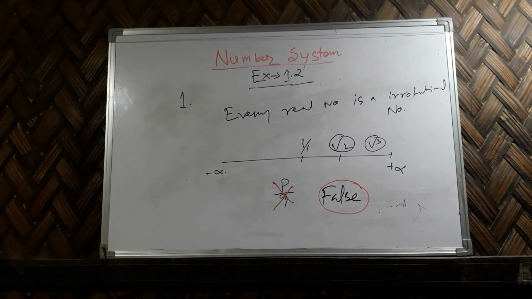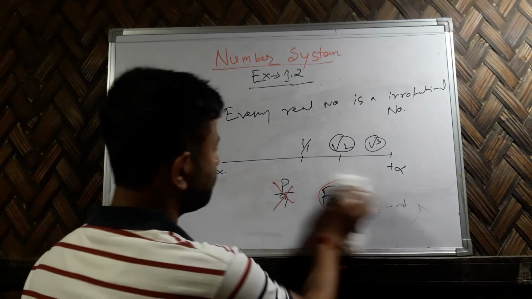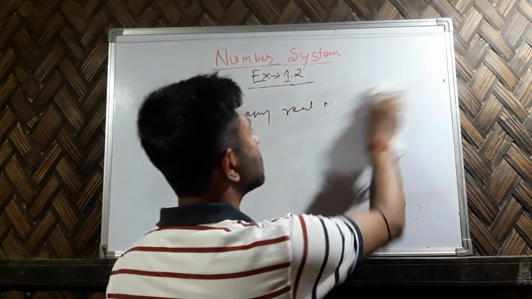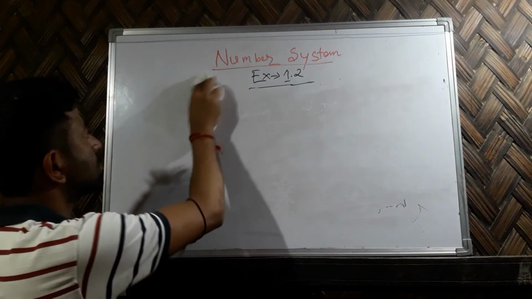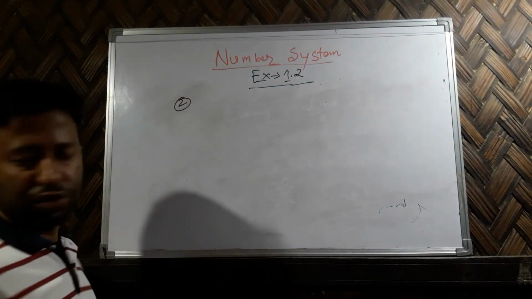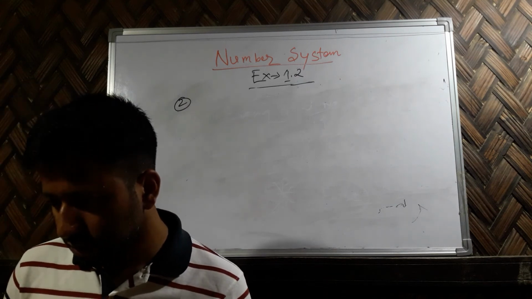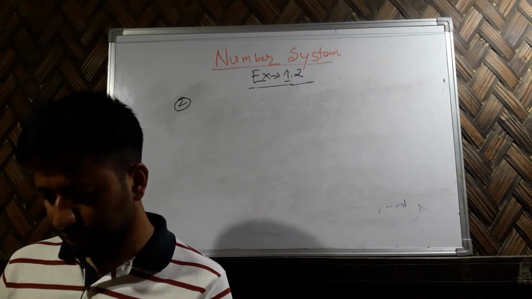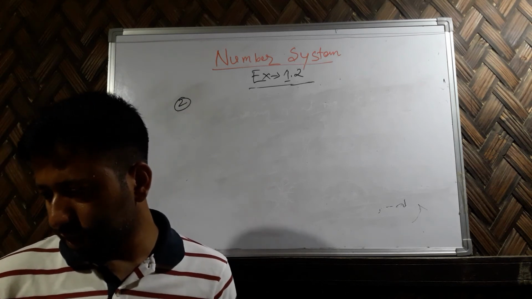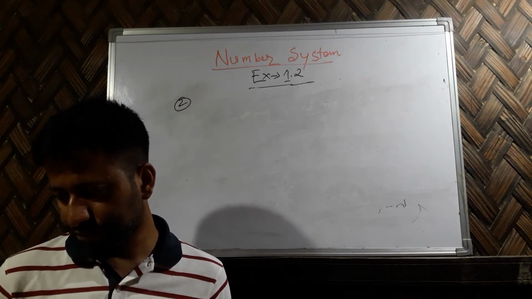Okay, now I am going to question number 2. The question number 2 states, are the square roots of all the positive integers irrational?